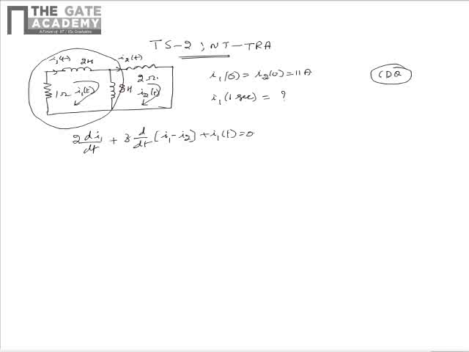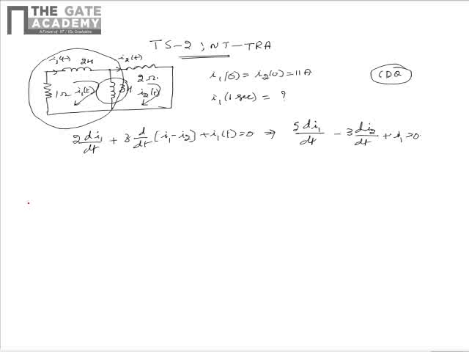Please note that the current through the 3 Henry inductor is i1 - i2. This upon simplification becomes 5 di1/dt - 3 di2/dt + i1 = 0.